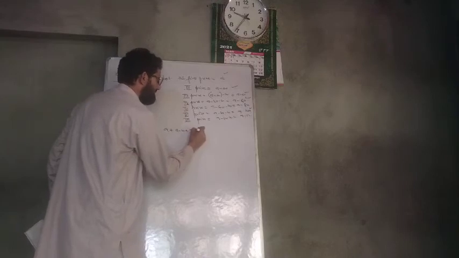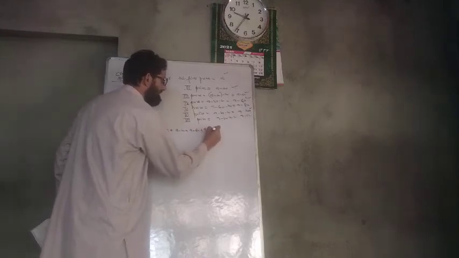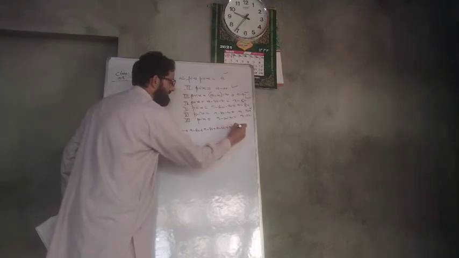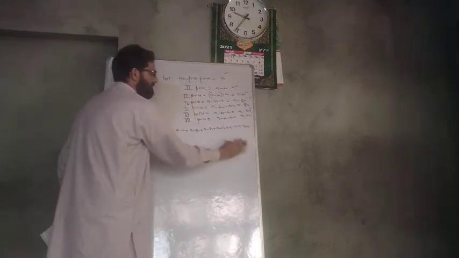And the sum of all these prizes is equal to 700. A plus A minus 20 plus A minus 40 plus A minus 60 plus A minus 80 plus A minus 100 plus A minus 120. This is equal to 700. The sum of all these seven prizes is equal to 700.